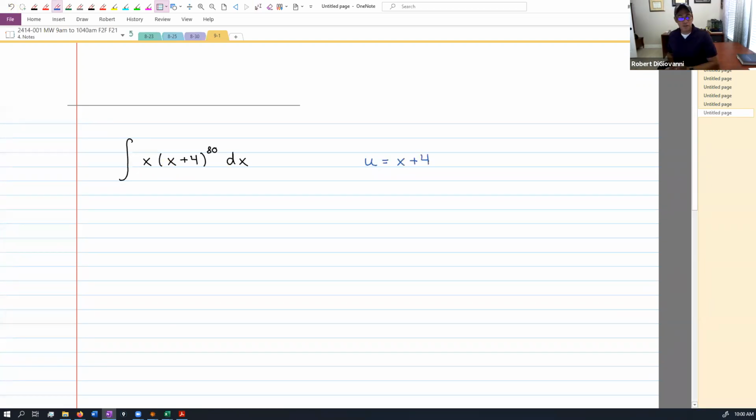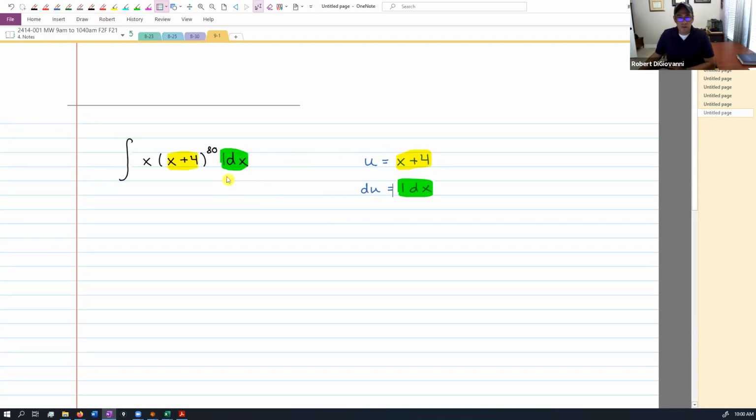u is x plus 4, du equals 1 dx, which I have right there. So 1 dx will be replaced with du, and x plus 4 will be replaced with u.